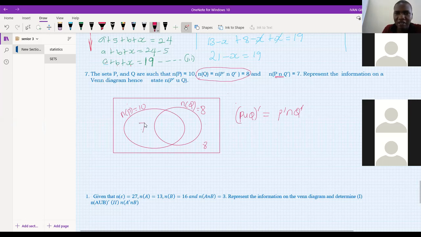Now if the whole P has 10 and 7 are here, we shall have 3 remaining here. And if all of Q has 8, then this one has 5. So they're saying, state the number of elements in P complement union Q. What are the number of elements in this set? P complement union Q.